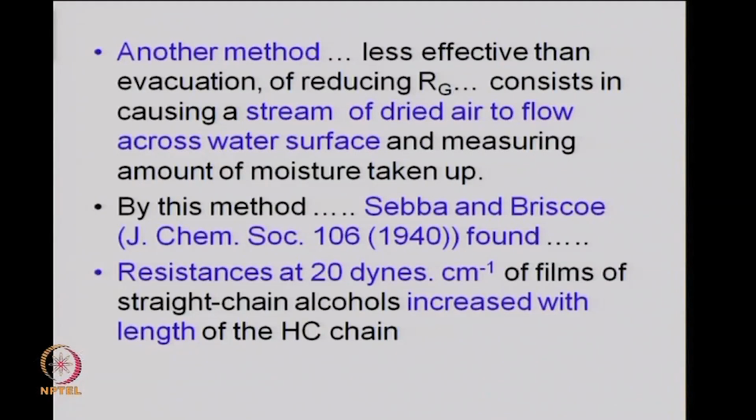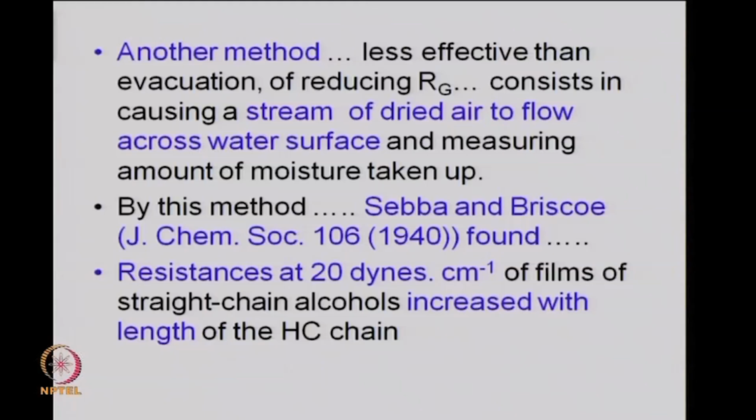Or there could be another method where you have a stream of dried air flowing across the water surface, and then you could measure the amount of moisture taken up, and by that method again Seba with Briscoe found the resistances as they vary with, let us say, chain length.